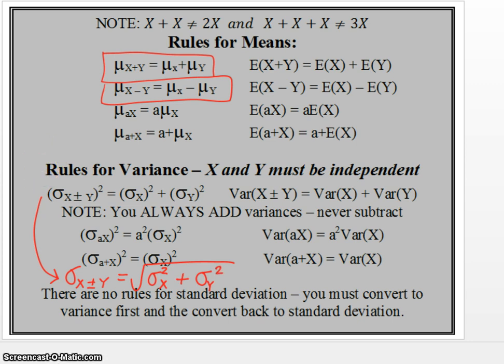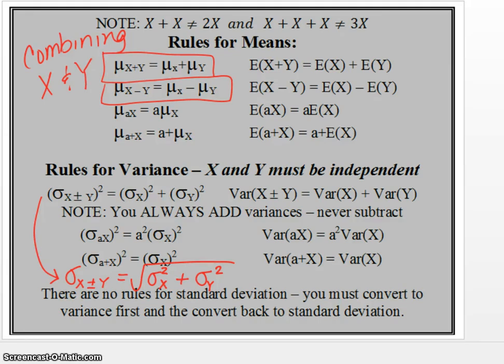So that's how we can get our new standard deviation. Okay, so this is chapter 7 stuff, combining random variable X with random variable Y to get a new mean and a new standard deviation.